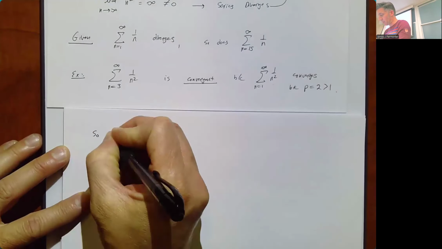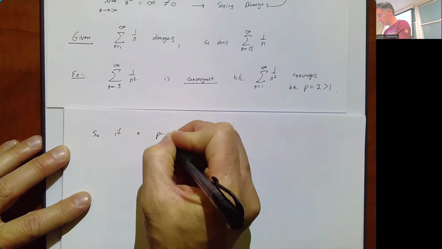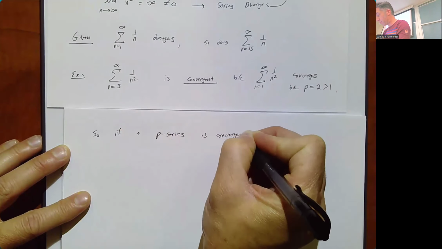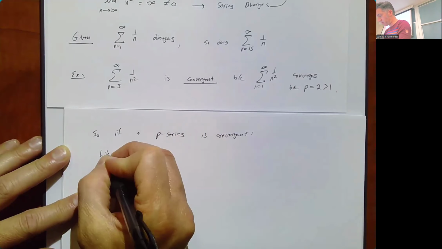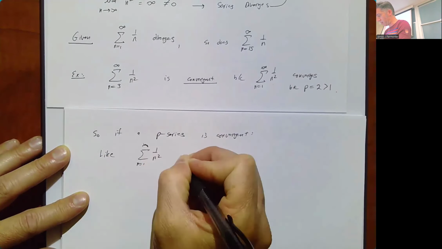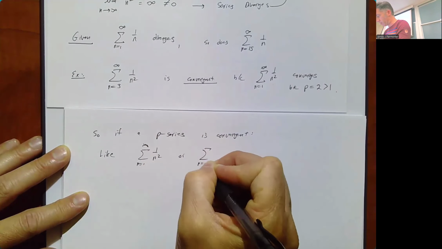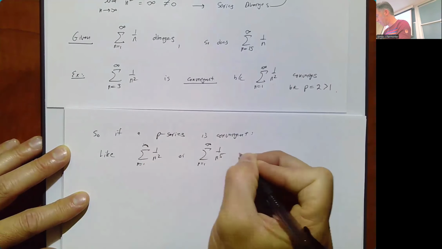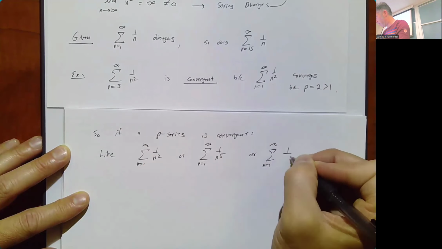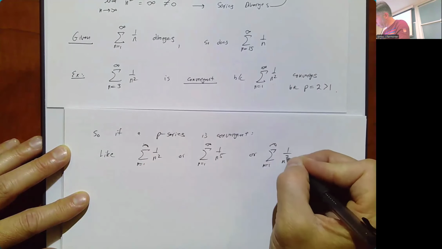So if a P series is convergent, like the sum from n equals 1 to infinity of 1 over n squared, or the sum from n equals 1 to infinity of 1 over n to the fifth, or some other power that's larger than 1, like 1 over n to the, I don't know, 7.2.